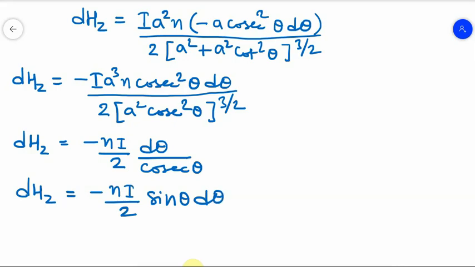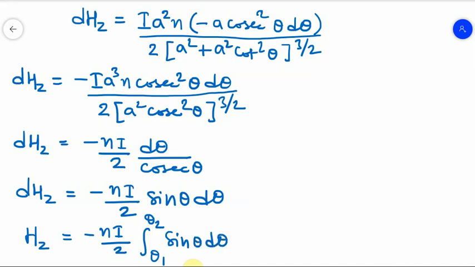Now for determining the whole magnetic intensity Hz, we need to integrate on both sides. So Hz upon integration is minus n I upon 2, and we will integrate it in terms of theta, so the limit will be from theta 1 to theta 2. And what were theta 1 and theta 2? These were the angles subtended at P by the two ends of the solenoid. So from theta 1 to theta 2 we integrate sin theta d theta.